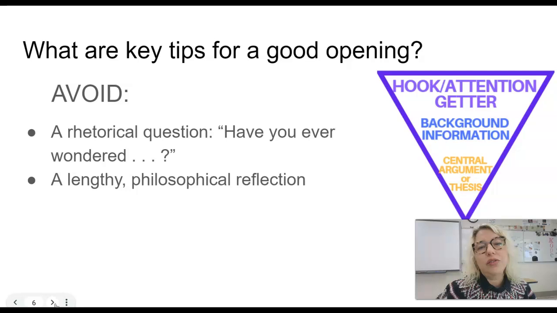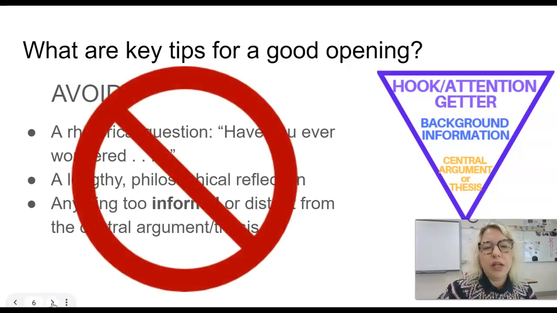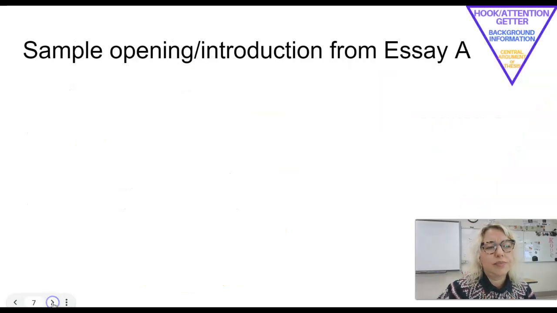They don't want to hear so much about what you think about life, but rather what the author has shown they think about life. And avoid anything too informal. Never directly talk to the reader like, hey, reader, hey, examiner, what's up? I'm writing to you now about. That is too informal. So avoid those things, please.